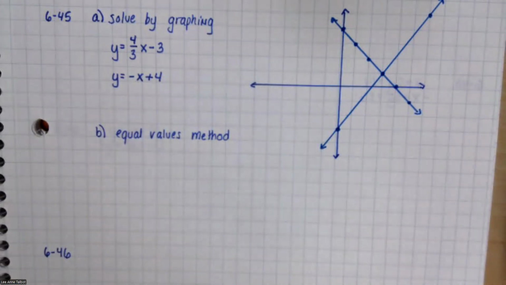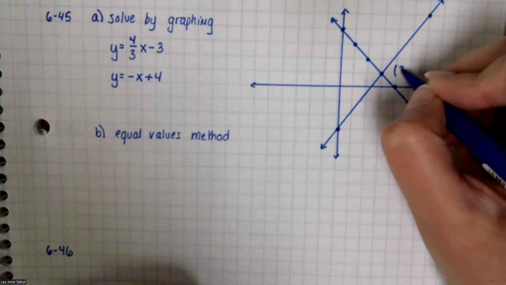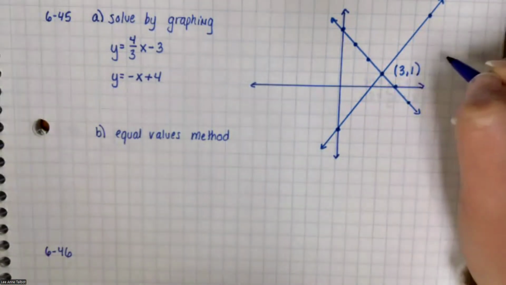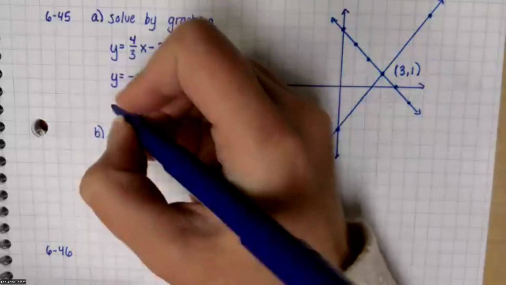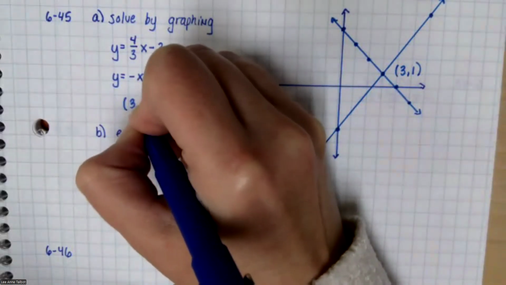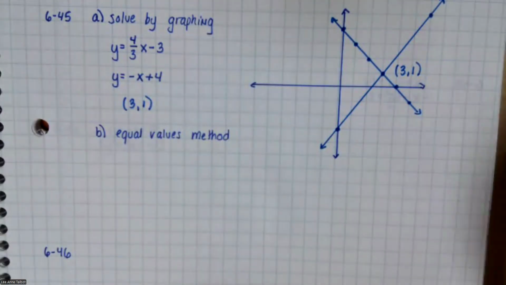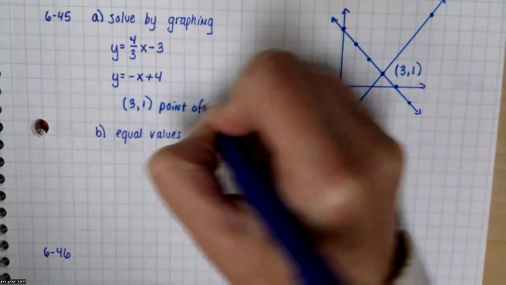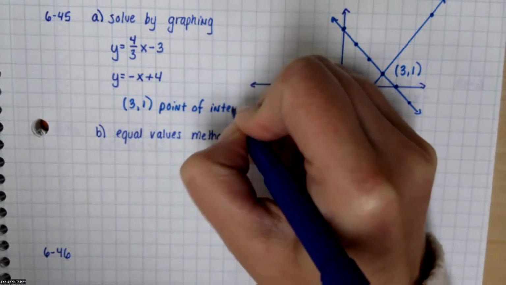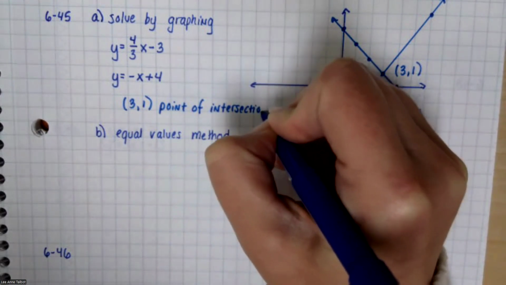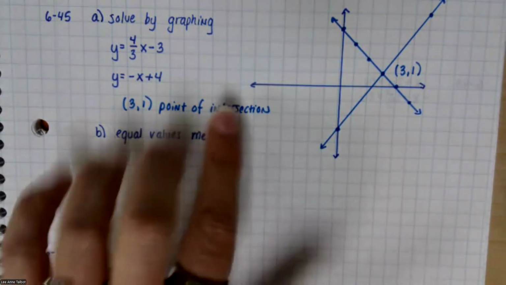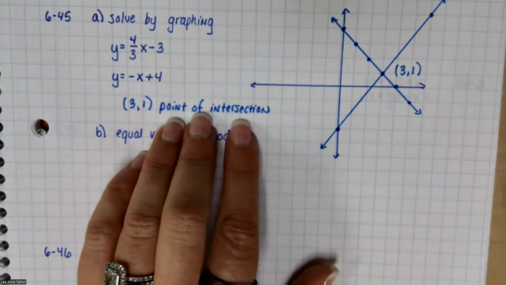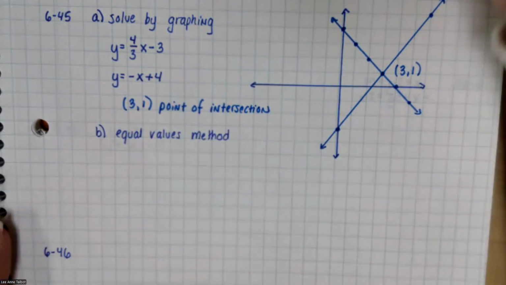Okay, so the coordinate where they cross is 3, 1. And the answer to this question is the coordinate 3, 1, which is the point of intersection. And you can abbreviate that to POI if you're lazy.